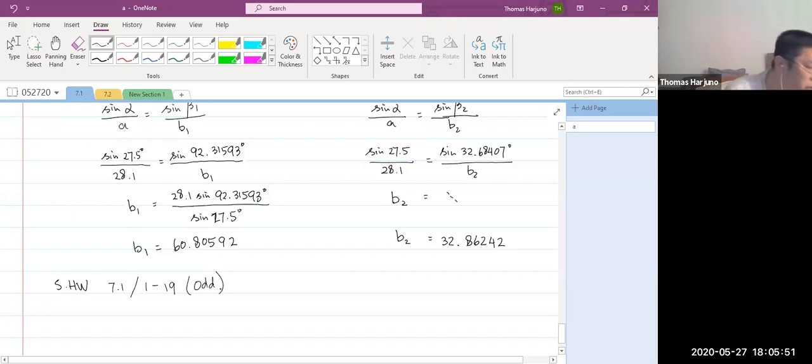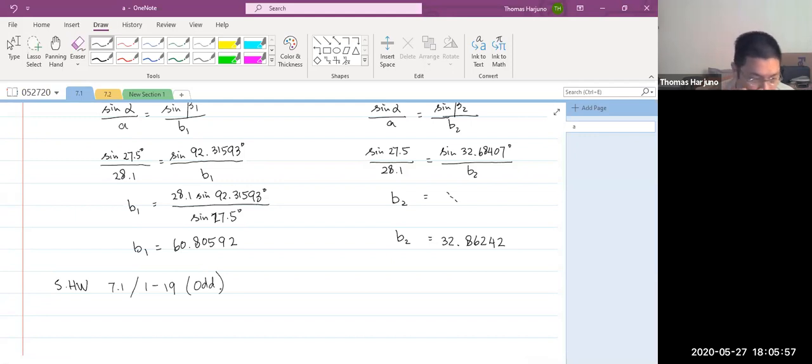You will see the word problems later on basically boil down to the triangle. So you need to draw the problems in the word problems, and then you boil that down to triangles with 6 components, 3 angles and 3 sides. Okay, that's for 7.1.